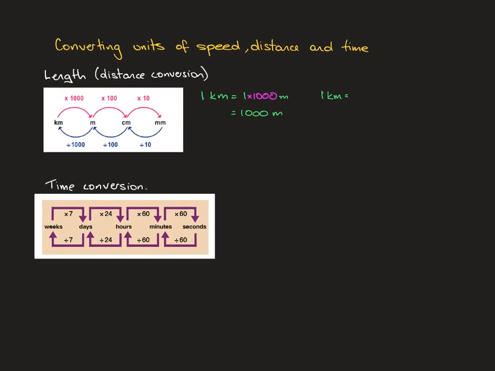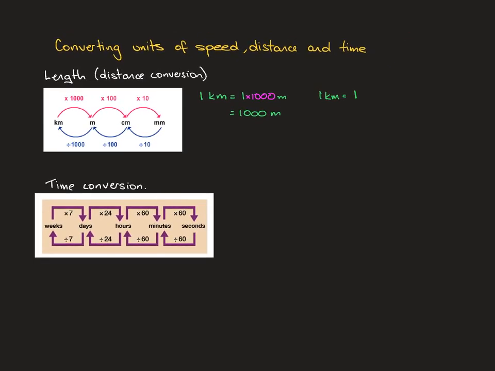And if I wanted to know what 1 kilometre was in centimetres, I take the 1 for my 1 kilometre and look at how far I have to go. I have to go to metres first, so I times by 1,000, and then from metres I times by 100 to get to centimetres.